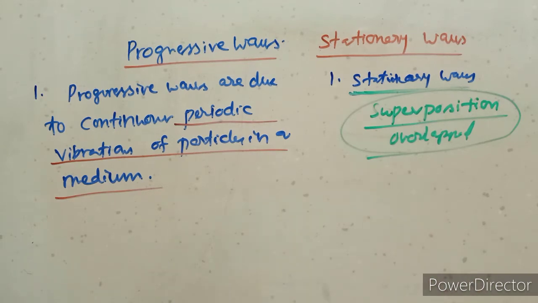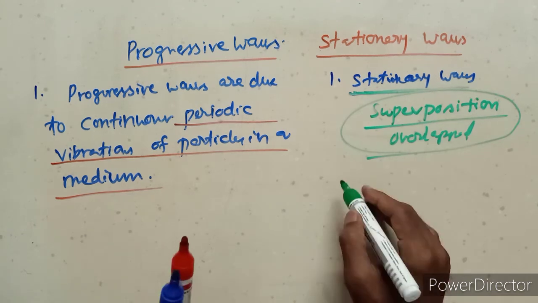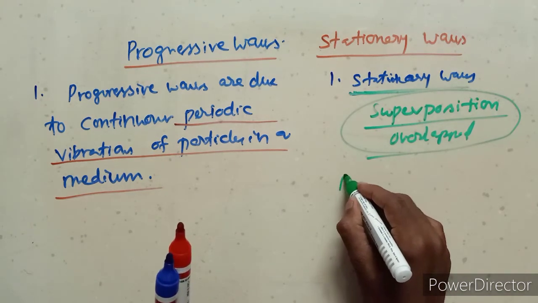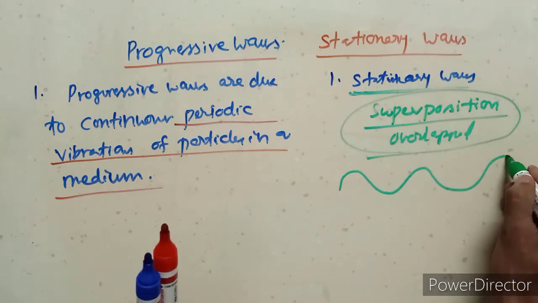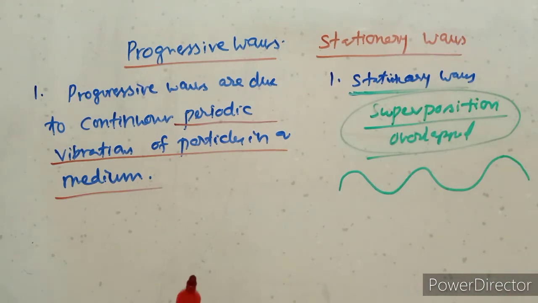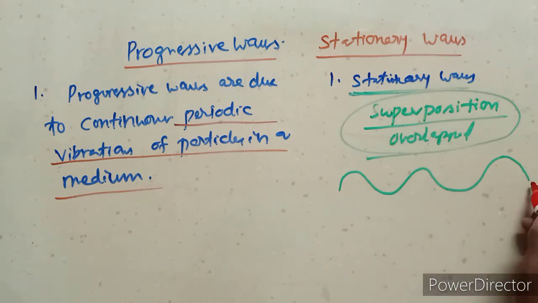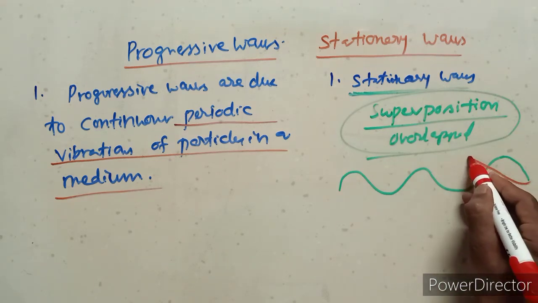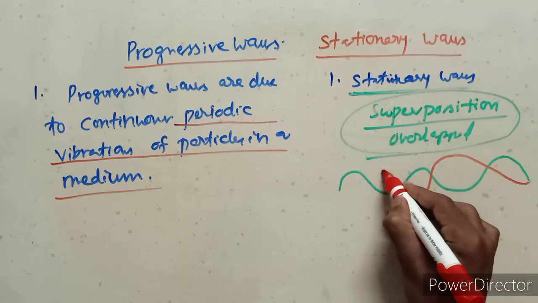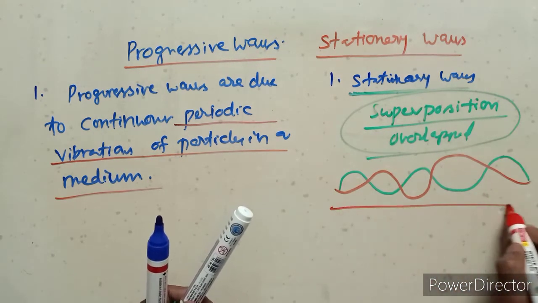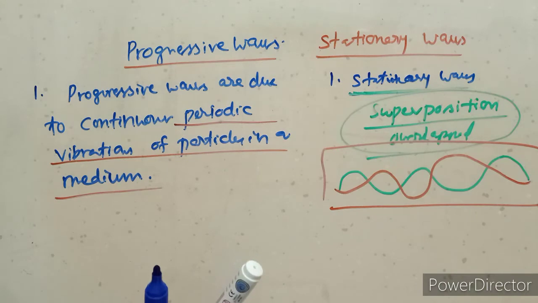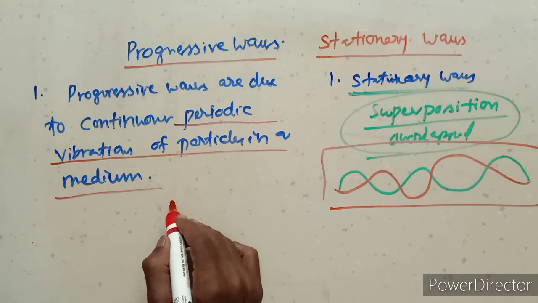So stationary waves are produced due to superposition of two similar waves moving in opposite directions. One wave moves in this direction, another wave in the opposite direction. These types of waves are produced in stretched strings.